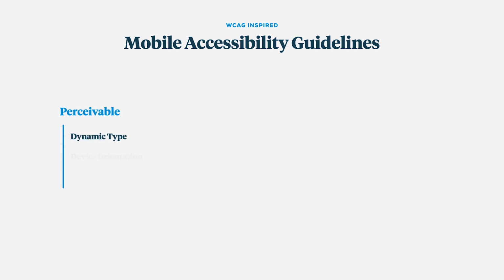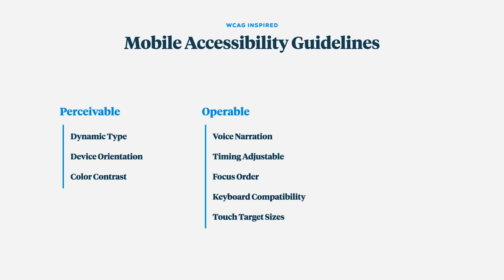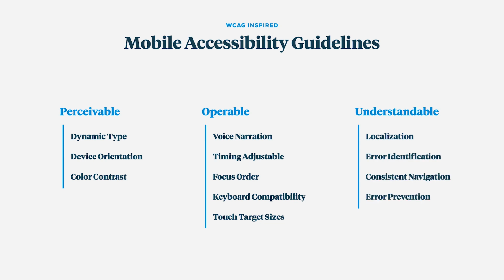When navigating perceivability, you're going to turn to dynamic type, device orientation, and color contrast. When accounting for operability, you are looking at voice narration, timing adjustments, focus order, keyboard compatibility, and touch targets. And finally, understandability criteria will be mapped to localization, error identification, consistent navigation, and error prevention.